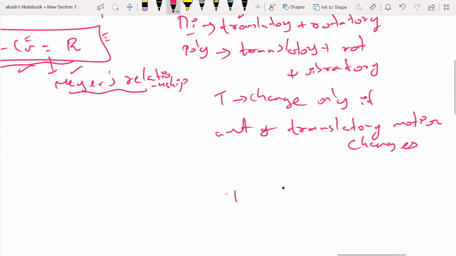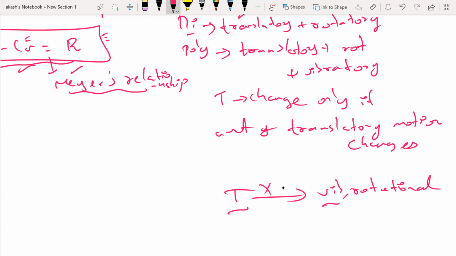So temperature has no relationship with vibratory motions or rotational motions. Whether you give some amount of heat, if the amount of vibration or rotation changes, you will understand that temperature has no role to play. But if translatory motion changes, definitely that will cause a great increase in temperature.